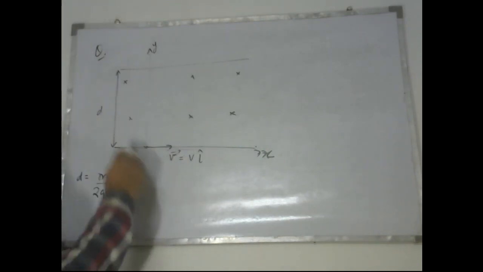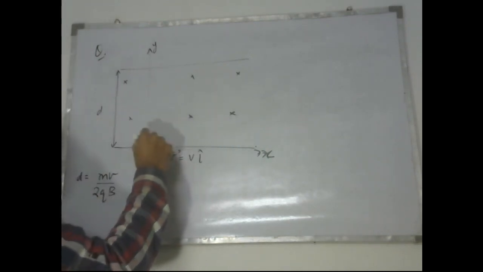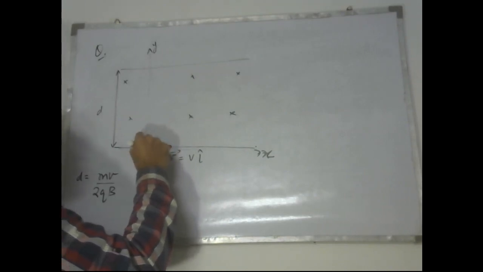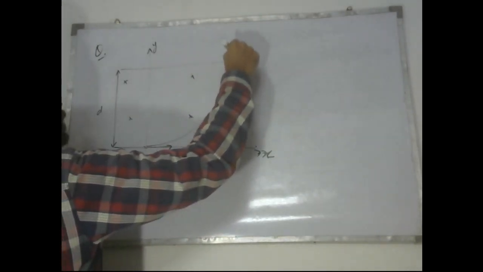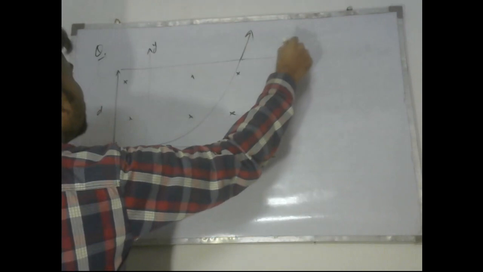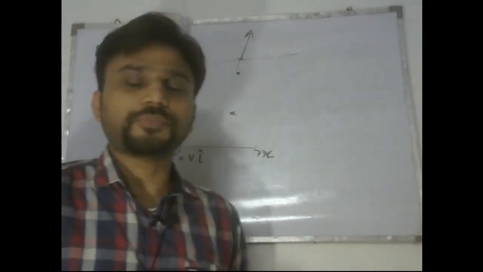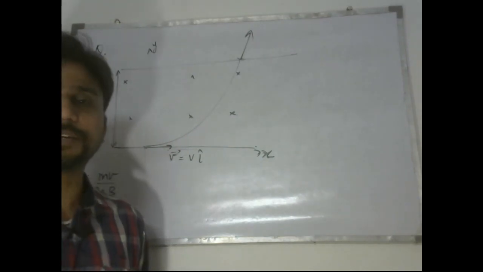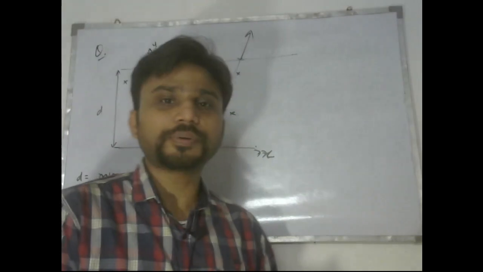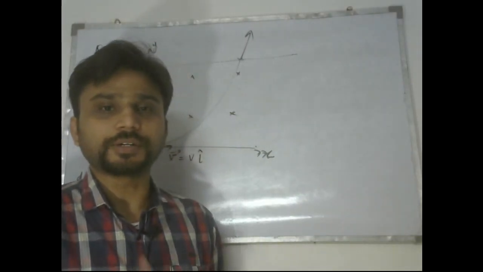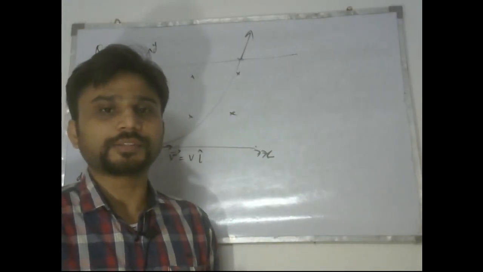So it enters the field at some point, let's say the origin, and then it will take a circular path and it leaves the field at some angle, and goes ahead. It will go ahead in a straight line. So this is what we know, quite a common phenomenon in magnetic fields.